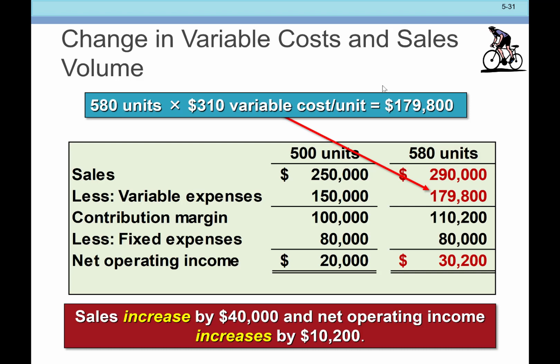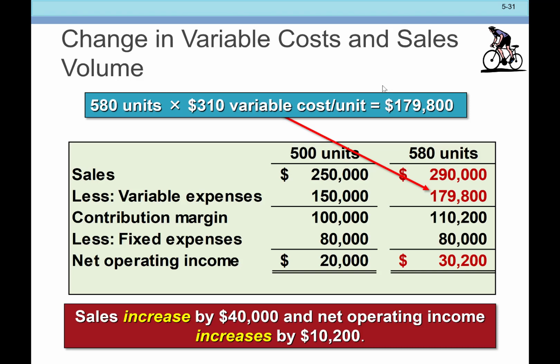It's 580 times, now the variable cost went from 300 to 310, so that gives me 179,800, and then I have a contribution margin here of 110,200. There was no discussion of adding advertising or anything like that to affect my fixed expenses. And so this company did what? They did pretty good. They're going to see an increase of 10,200, right?